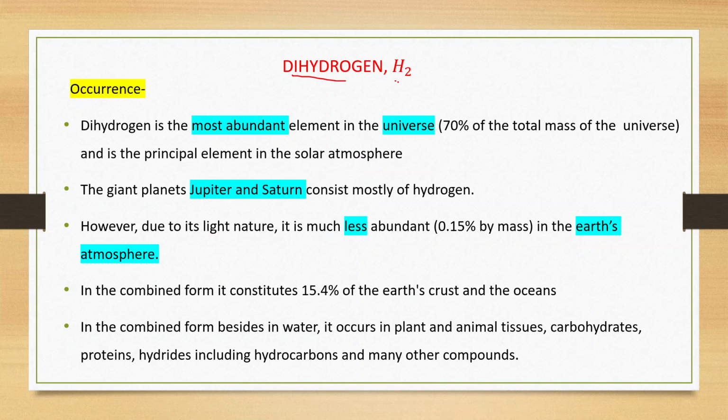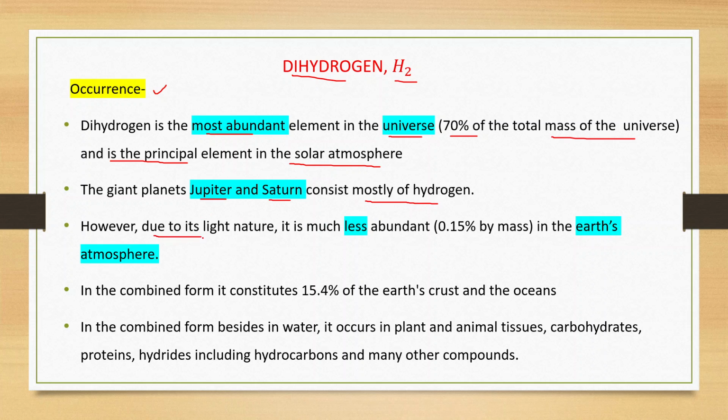Dihydrogen, H2, occurrence. Dihydrogen is the most abundant element in the universe, making up 70% of the total mass of the universe, and is the principal element in the solar atmosphere. The giant planets like Jupiter and Saturn consist mostly of hydrogen.